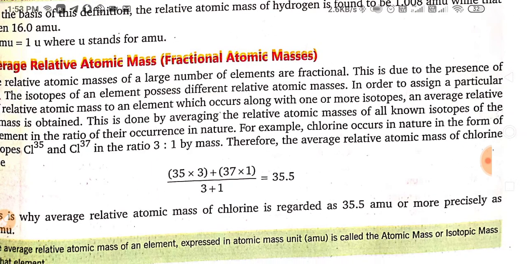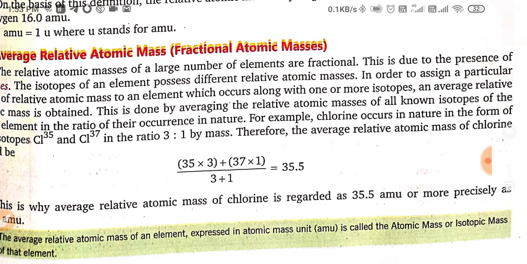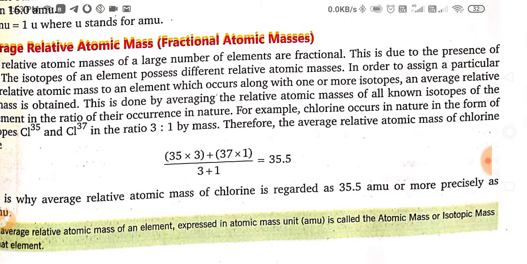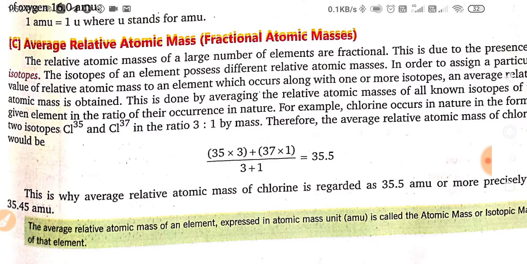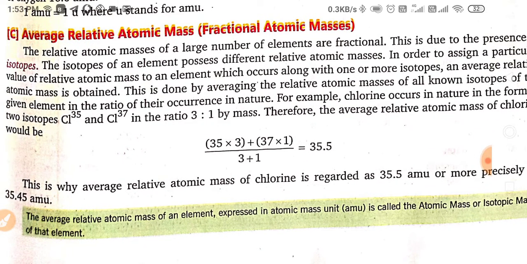In order to assign a particular value of relative atomic mass to an element which occurs along with one or more isotopes, an average relative atomic mass is obtained. This is done by averaging the relative atomic masses of all known isotopes of the given element in the ratio of their occurrence in nature.